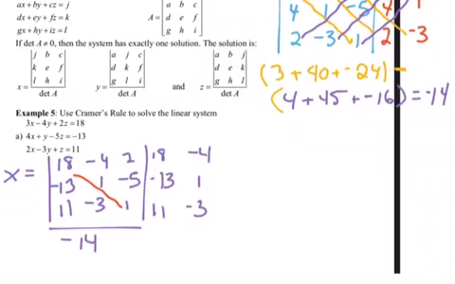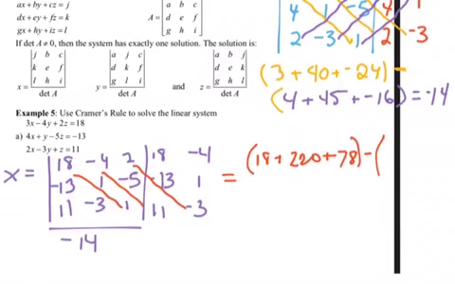Okay, so I've got 18 times 1 times 1 is 18, plus negative 4 times negative 5 is 20, times 11 is 220, plus 2 times negative 13 is negative 26, times negative 3 is 78, minus, now we go the other way, 2 times 1 times 11 is 22, plus 18 times negative 5 is negative 90, times negative 3 is 270.